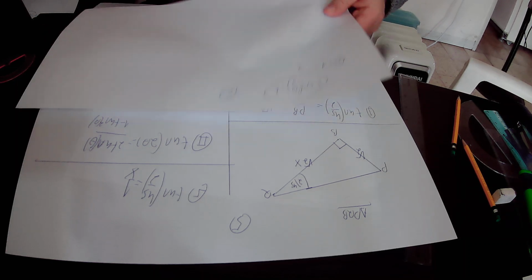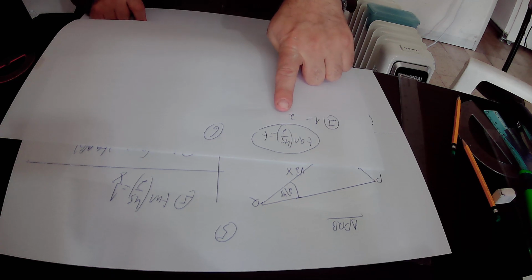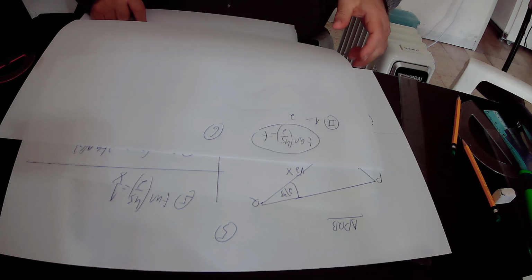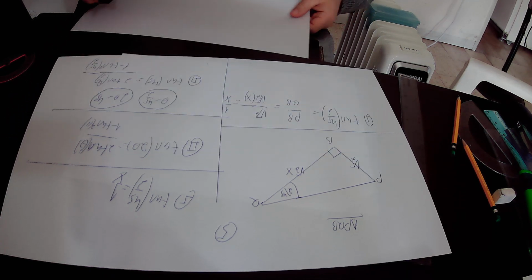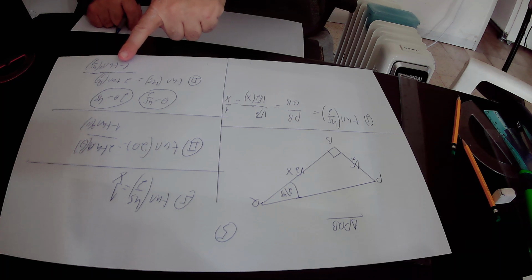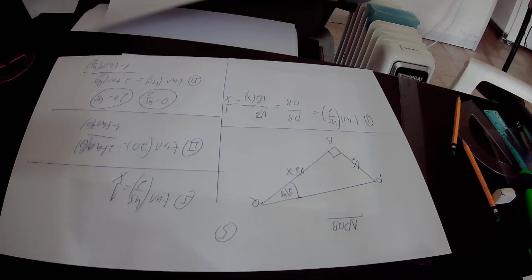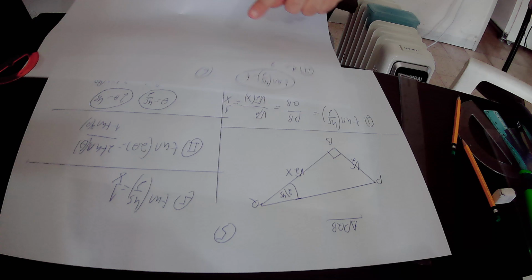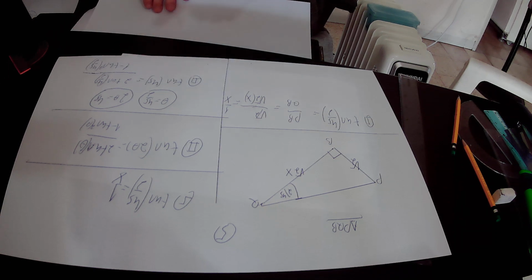According to our definition, tangent 45 degrees over 2 equals to t. So, according to equation number 2, we have tangent 45 degrees is 1. It is equals to 2 times tangent 45 degrees over 2. But tangent 45 degrees over 2 equals to t according to our definition. So we substitute tangent 45 degrees over 2 by t.